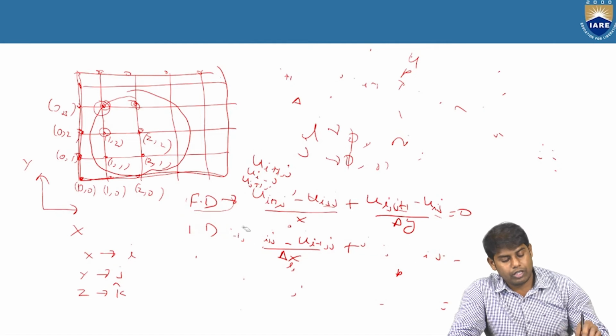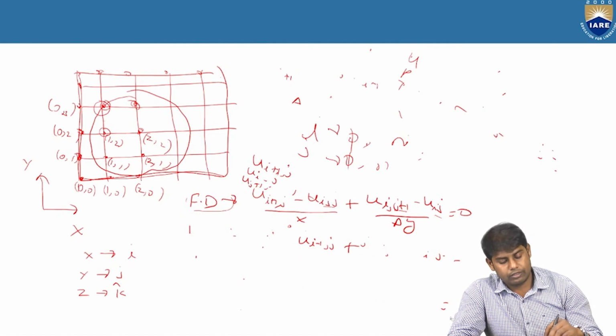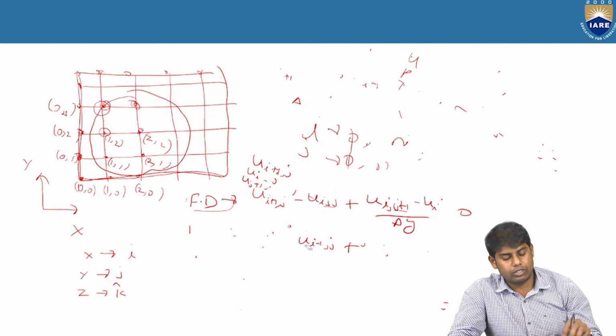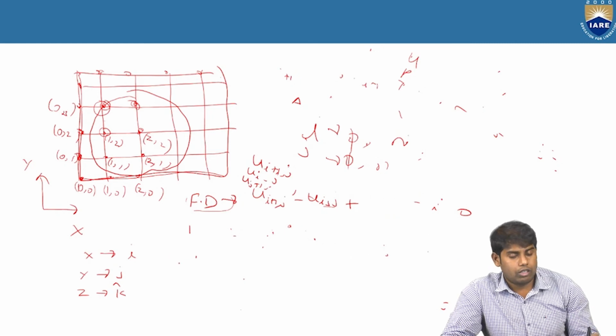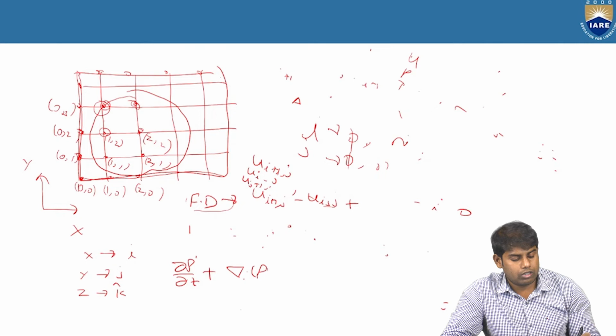Now if you include time, till now we have seen only steady terms. Now we have time derivative terms. Let's say you have d rho by dt plus del dot rho u is equal to 0.